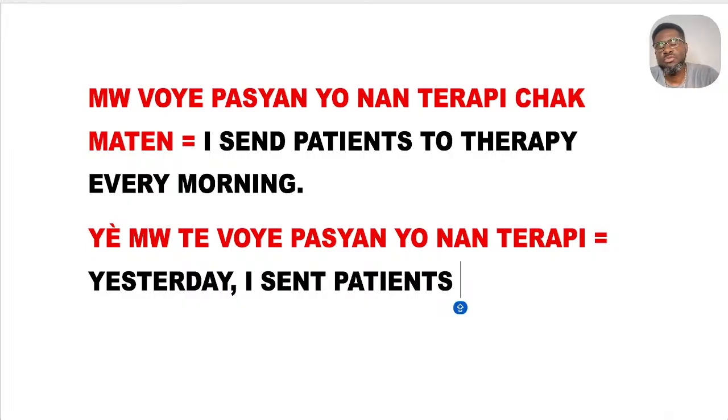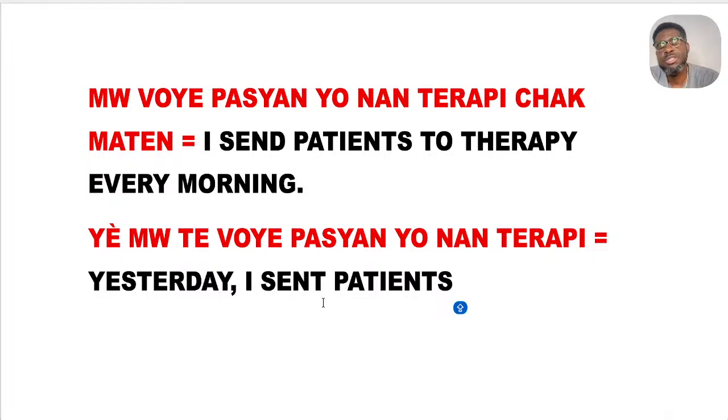So, là, il y a plusieurs patients, ou pas besoin de mettre article là. So, that's a no article sentence, right? No article here. I sent patients. Pas besoin de mettre aucun article là. Mais si c'est ton seul patient, yesterday I sent the patient.